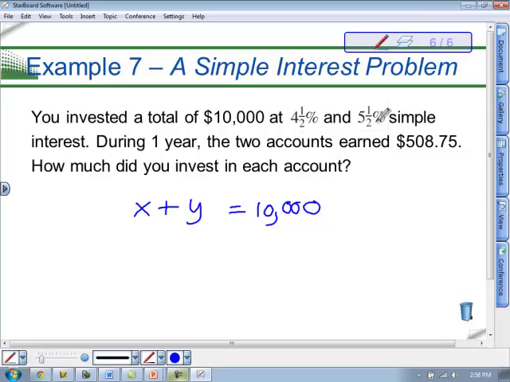Now it says that we have a 4.5% and a 5.5% interest rate on each of those accounts, and then during the first year, the 2 accounts earn a total of $508.75.